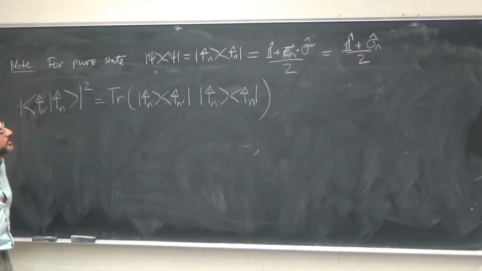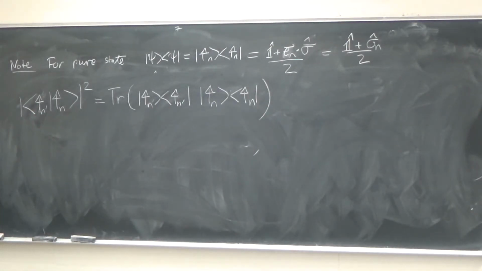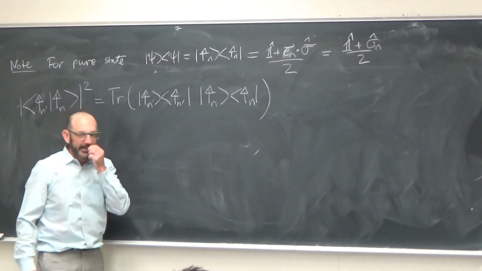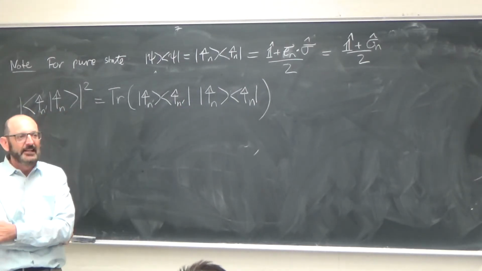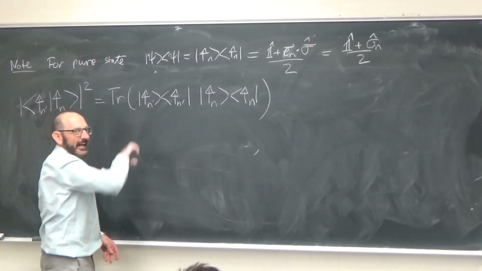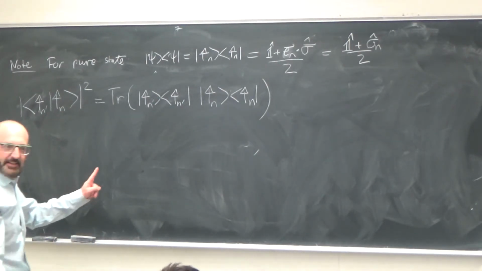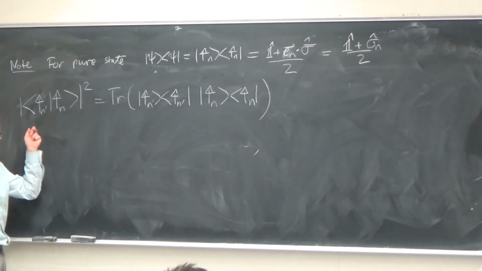Everyone agree that those 2 things are equal? How do you know? How would you prove that? So this is the inner product between these guys. And then I've got to take the trace. How do I take the trace? You get it exactly. Okay? And everyone see that this equals this.